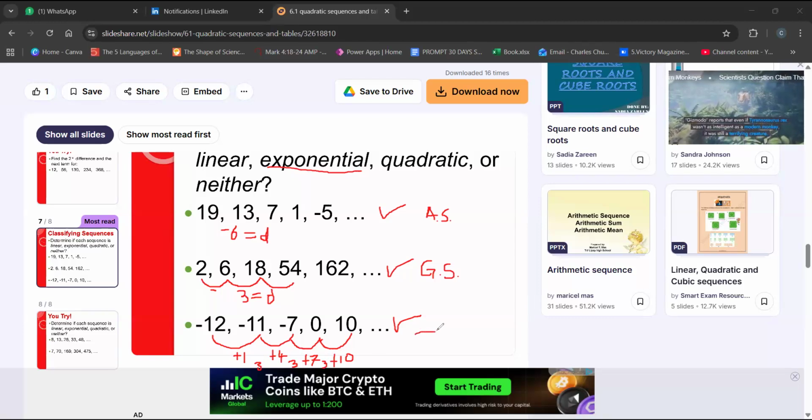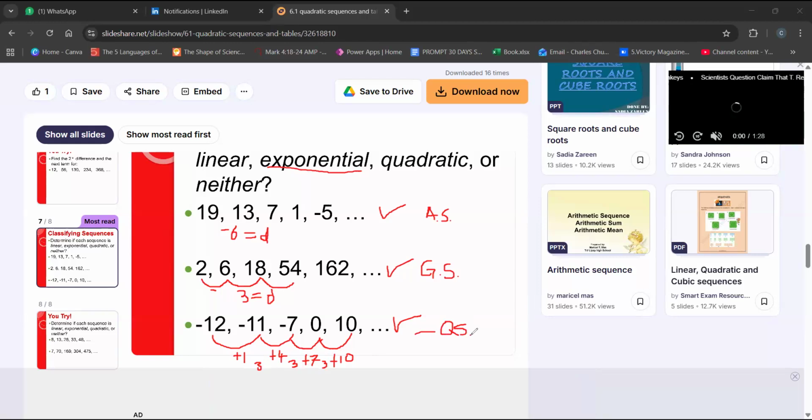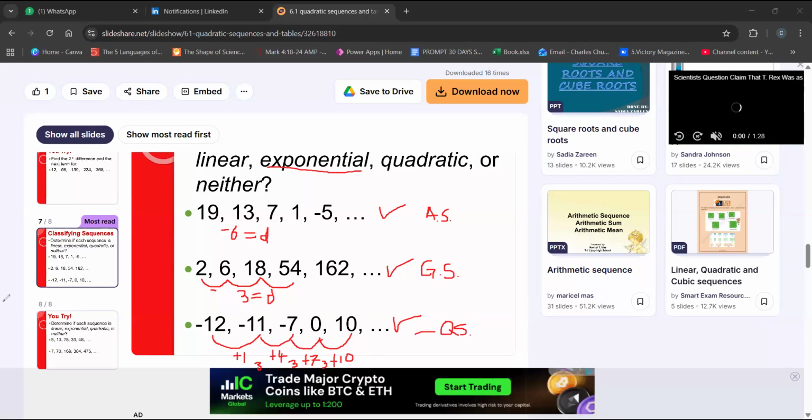So let me just do it there. Q. Okay, nice. Do you want to take note of this example? Do you have a notebook? Yes, I've written it. Okay, excellent. Good job. Let me clear all drawings now.